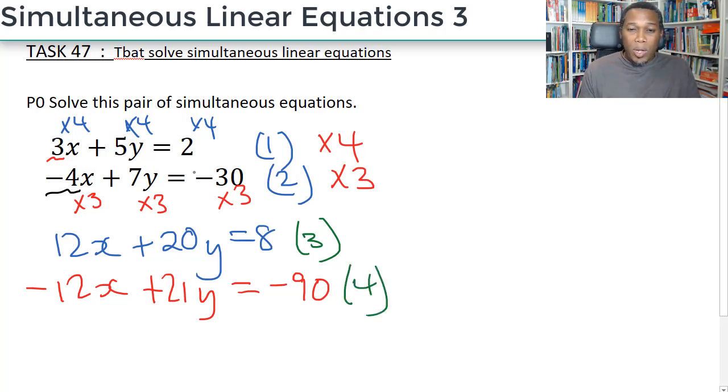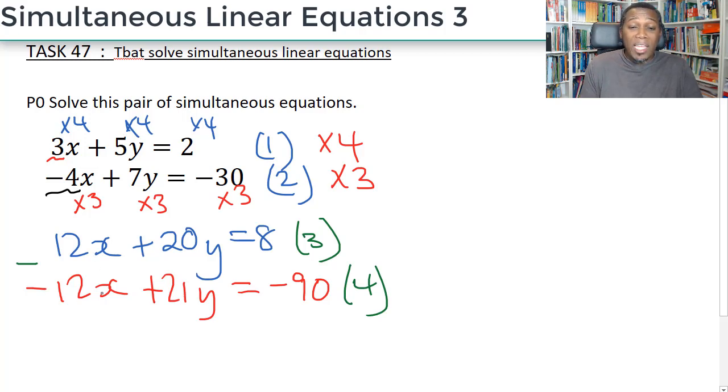And you'll see, if you went with minus 4, that's fine. We will get the same answer. You would have had the negative 12x, negative 20, negative 8, and you'll see we'll get there. What am I supposed to do now? You might be thinking that you need to subtract equation 3, take away equation 4. But hang on. A minus and a minus gives a plus.